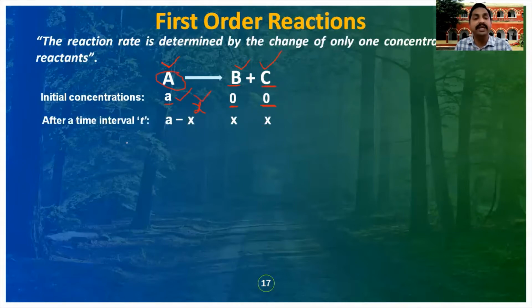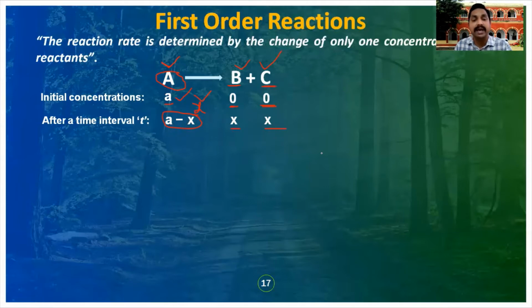Thus, after a time T, the concentration of A left behind is equal to a minus X, and concentration of B is equal to X, and concentration of C is equal to X. So if you see, small a here is the initial concentration.